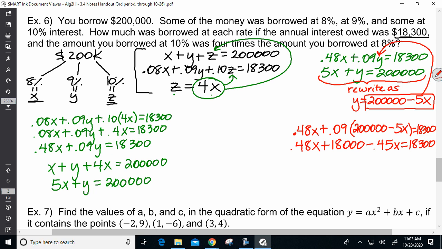So all we got are x's now, so this works out. 0.03x plus 18,000 equals 18,300. 0.03x equals 300. So x equals $10,000.